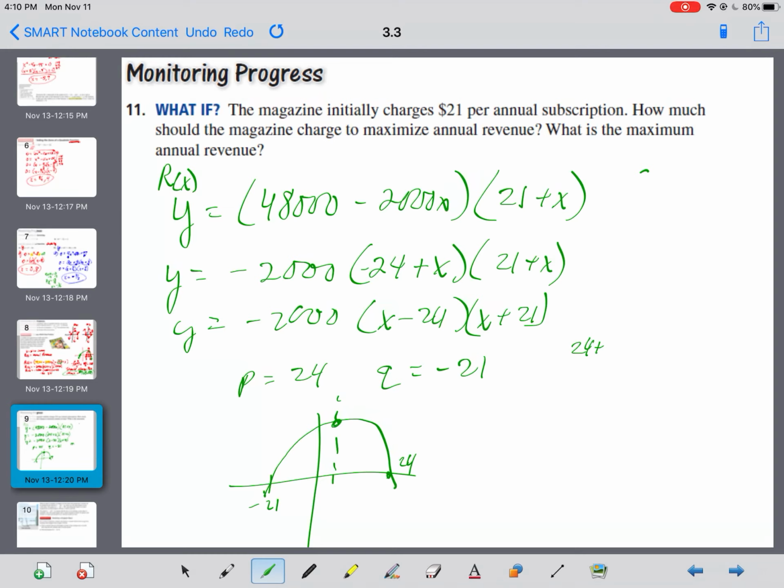So 24 plus negative 21 over 2 makes 3 over 2, which is 1.5. So they should charge $22.50. Because if we take 21 plus 1.5, we get $22.50. Then if we plugged 1.5 into our equation, we could figure out what that maximum amount of money is.